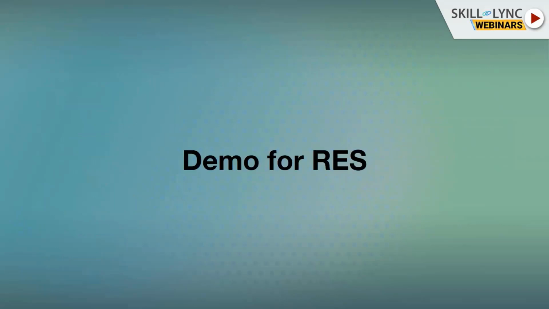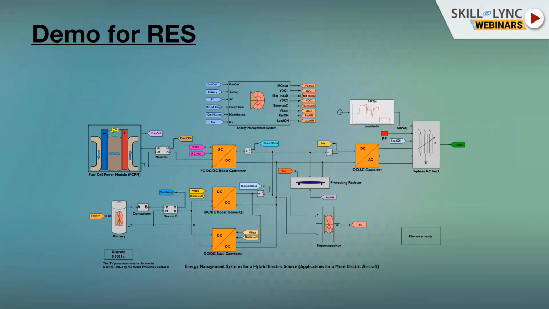And let us see one demo for a renewable energy system. You can see this picture. On the left-hand side, you have a fuel cell, which produces electrical energy, and below that fuel cell we have a battery. Through that battery we store the energy and utilize it, like what we do in our mobile phone.